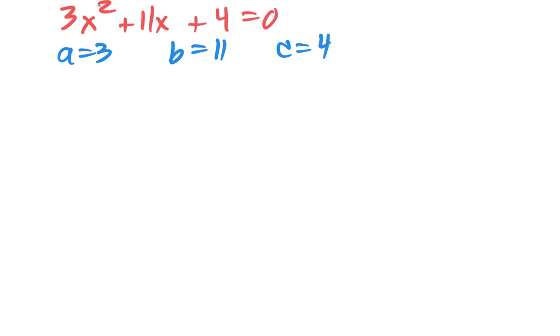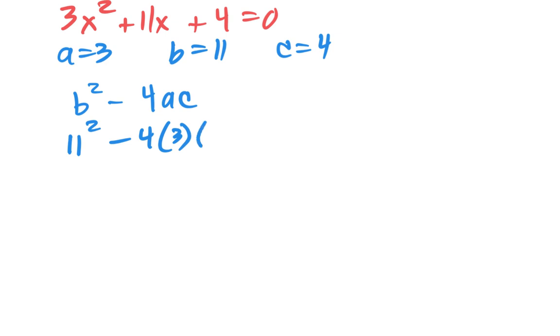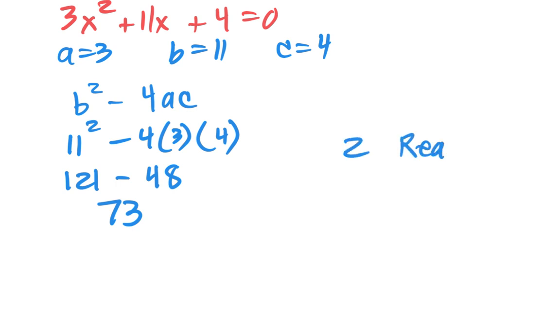So when I do my discriminant, b squared minus 4ac, I'm going to substitute in 11 squared minus 4 times a, which is 3, times c, which is 4. So I have 121 minus 4 times 3 is 12 times 4 is 48. So I have 121 minus 48. That is actually going to give me 73. 73 is my discriminant. It is greater than 0, so I know I will have 2 real roots.